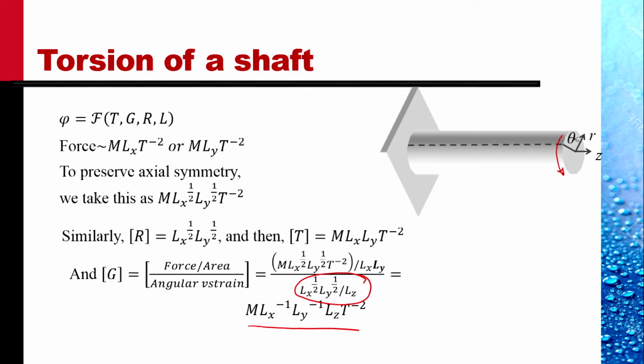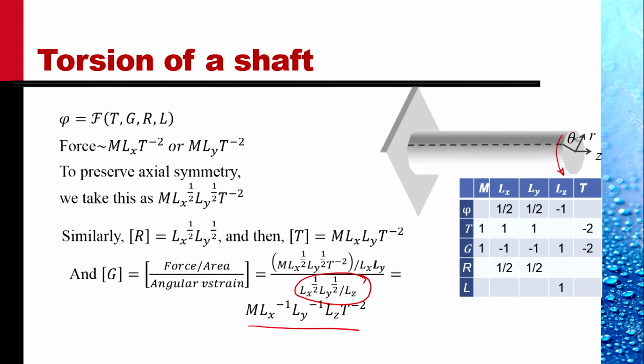Notice that as in everything else earlier, Lx and Ly carry the same dimensions, denoting that the problem has symmetry between x and y directions. So this is the table of dimensions that we construct in M, Lx, Ly, Lz and T system.